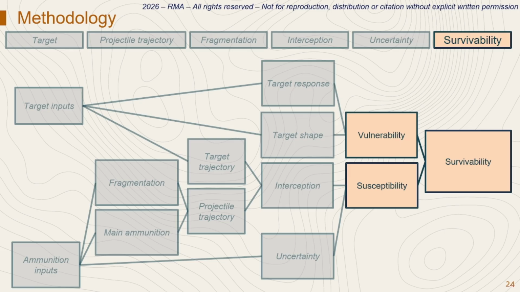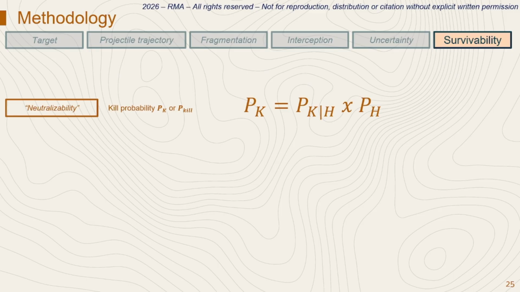Now, with that quantification of uncertainty, we have all the tools and all the quantities in hand to characterize survivability. Survivability of the target when a projectile impacts the target, or its complement, which I would say is neutralizability, which is the ability of the projectile to neutralize or to kill a target, is quantified by a kill probability.